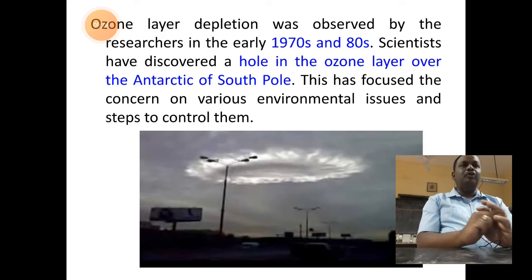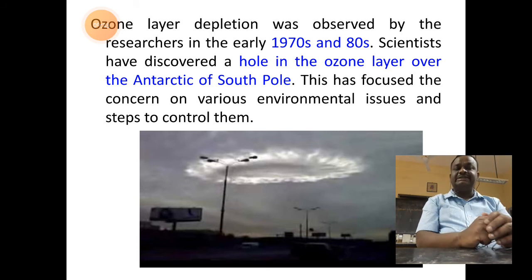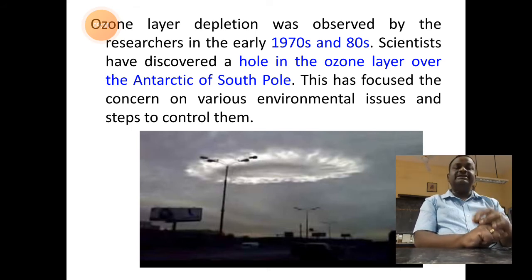This process of ozone layer depletion was observed by scientists in the early 1970s and 80s. They found a hole in the ozone layer over the Antarctic areas of the South Pole. Down in the picture you can see the image of the hole recorded by the scientists in the 1970s.